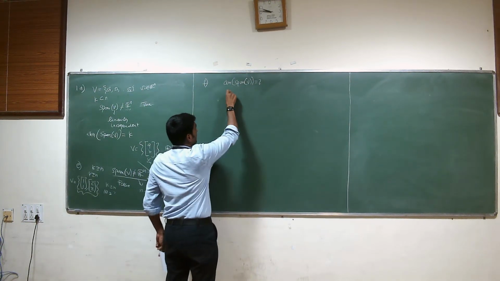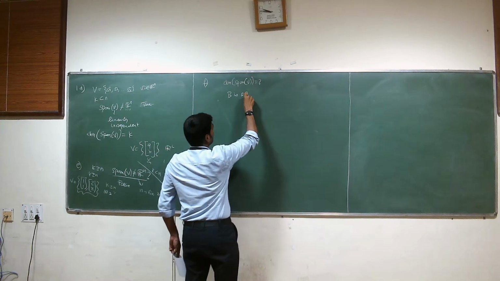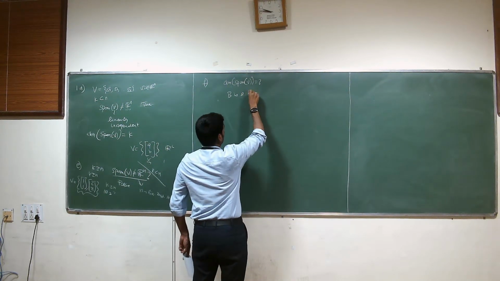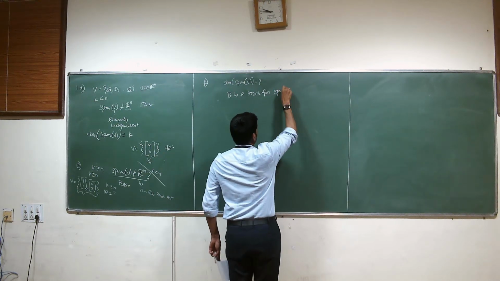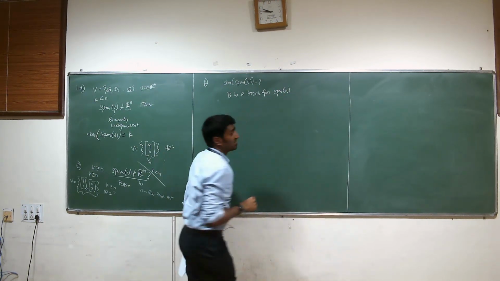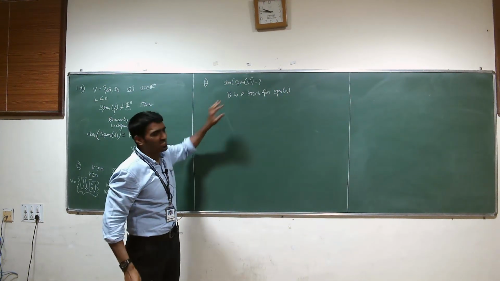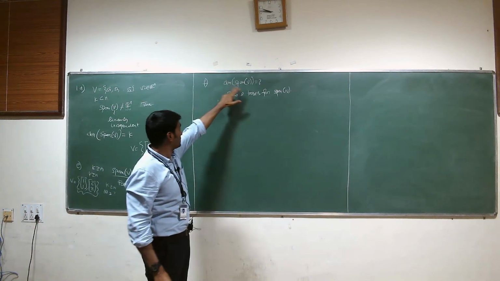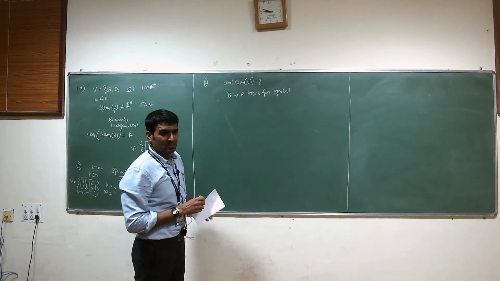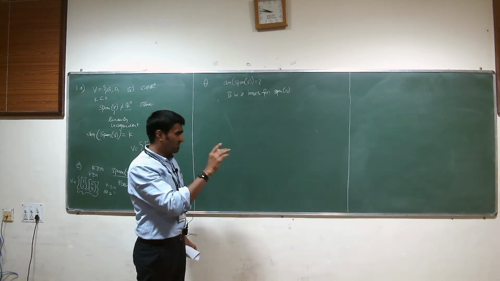Let's say B is a basis for the span of V. Let's say by some means you got this B. Then what? Your final goal is to find the dimension. Right. Great.